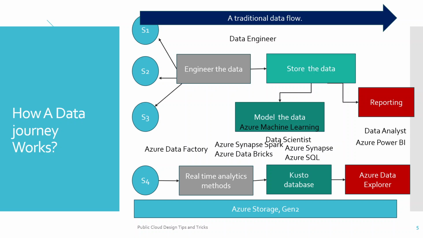So that is all about modeling the data. Now once you have the data stored in a storage, then you can also create a reporting dashboard to provide all the necessary information to the decision maker. So that is how it works in a user journey basically.